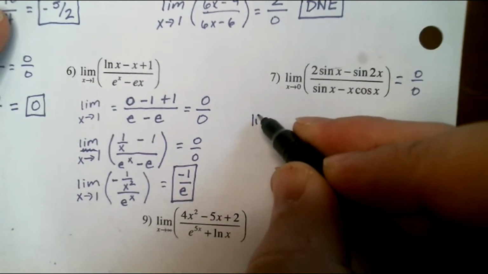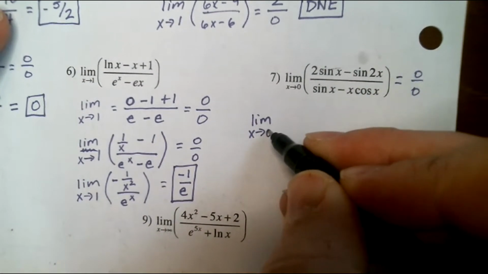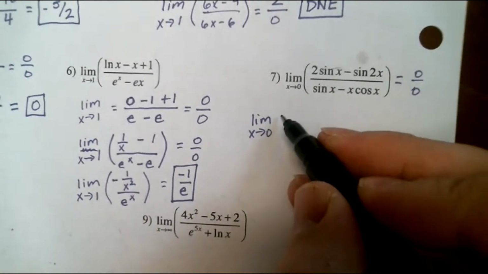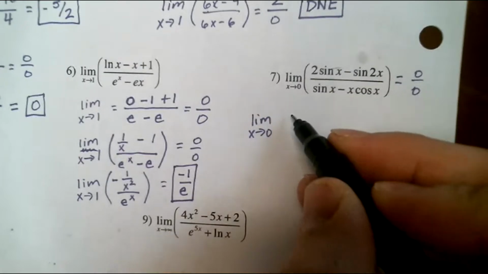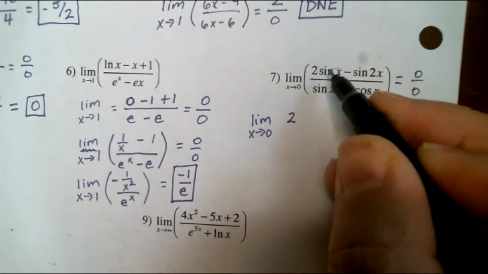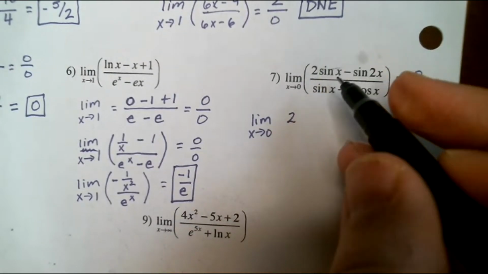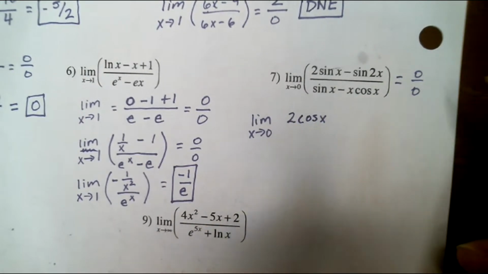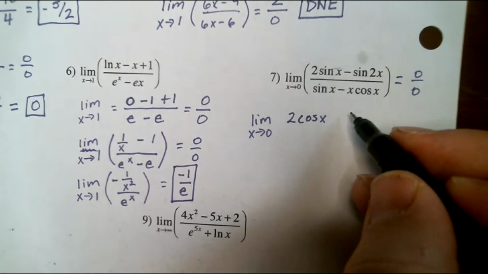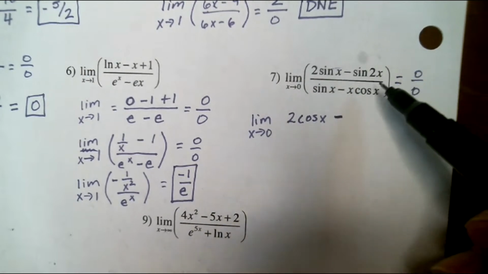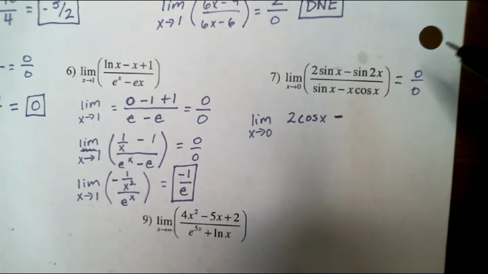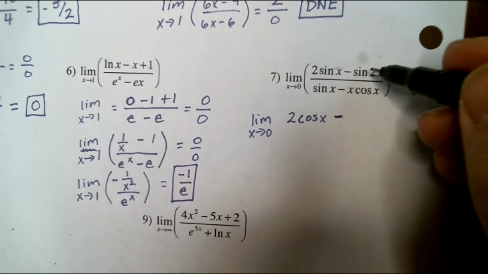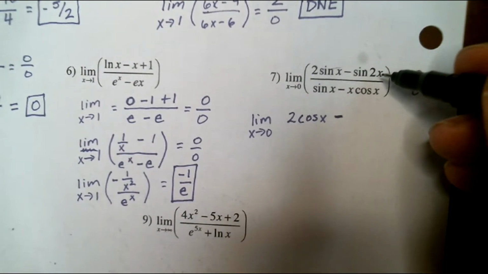So the limit as x goes to 0. Think about taking the 2 away and just saying 2, and then the derivative of sine would be cosine. So 2 cosine x, and then minus. Now I'm doing a lot of mental math right here. If you need to get a separate sheet of paper and do that, that'd be completely fine. But sine of 2x.